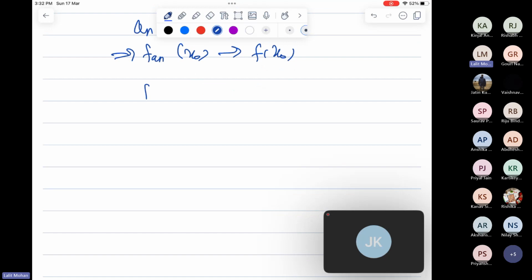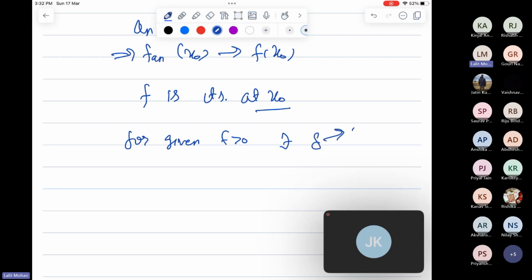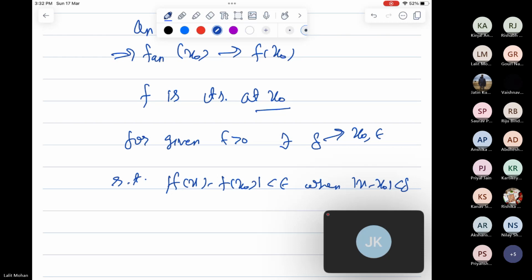Now it is given that f is continuous. We are assuming that it means f is continuous at x naught. So for given epsilon, there exists a delta, which will depend both on x naught and epsilon, such that the absolute value of f of x minus f of x naught is less than epsilon when the absolute value of x minus x naught is less than delta.